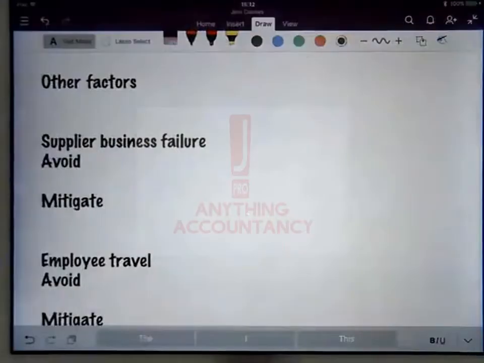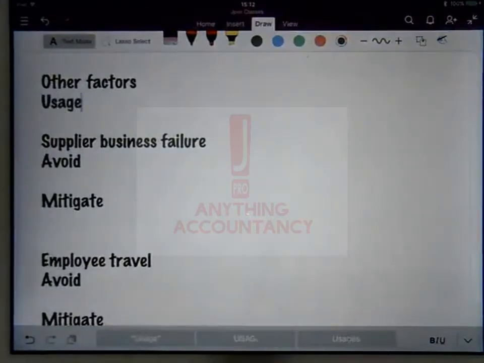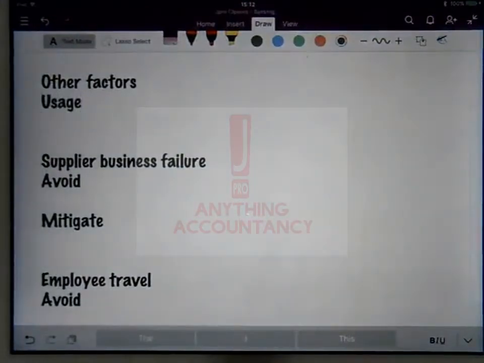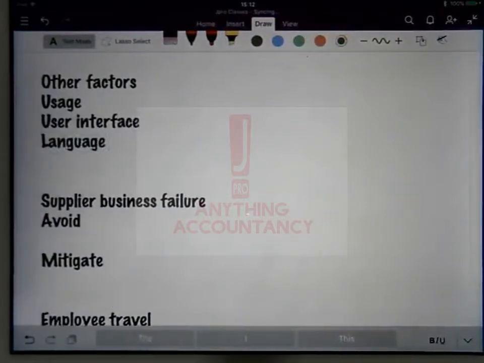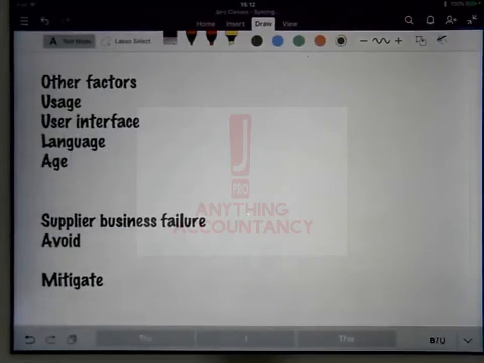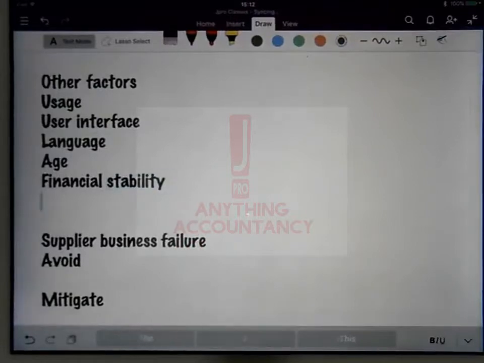I can go inside. Other factors, right? Usage. What else? User interface, language use, age, financial stability. Anything else I put there?